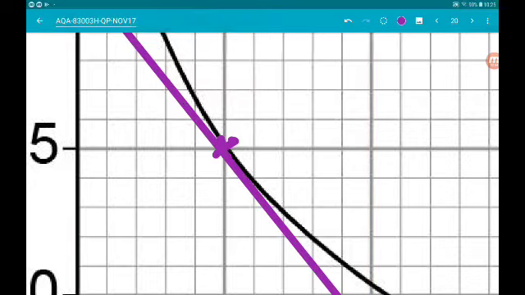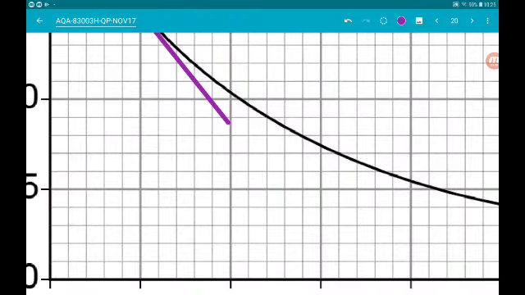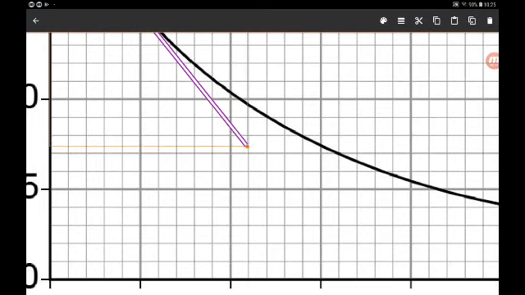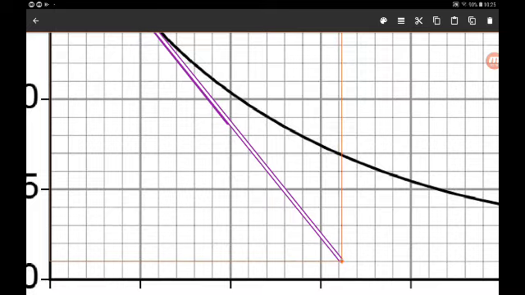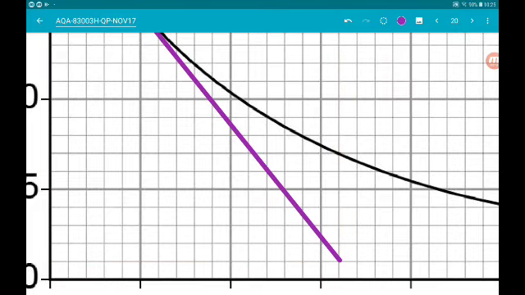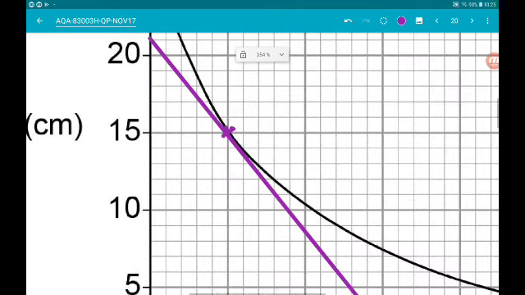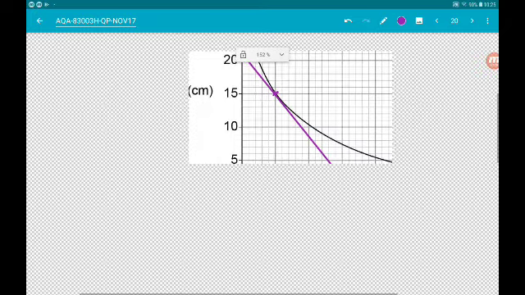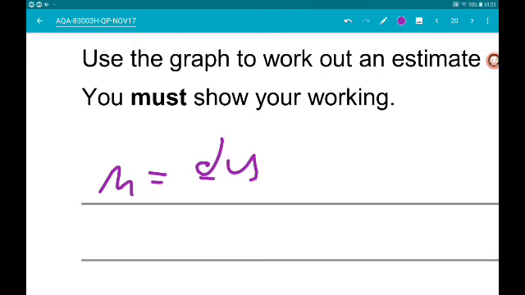So what we then need to do is work out the gradient of this line. The gradient of a tangent to a curve gives you the gradient of the curve at that point. So, gradient is difference in y over difference in x.